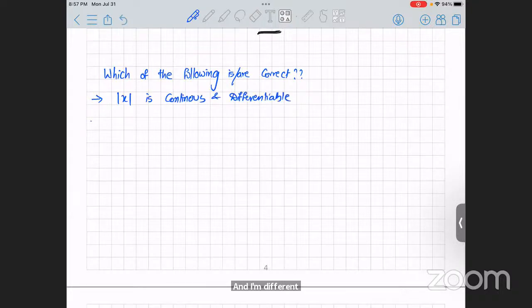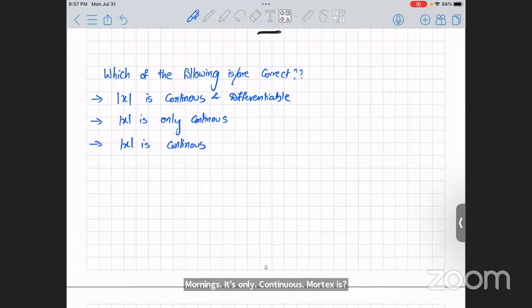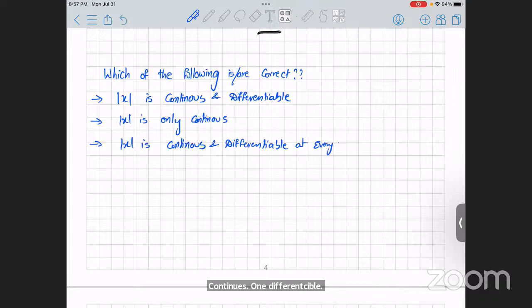Mod x is only continuous. Mod x is continuous and differentiable at every point except 0.